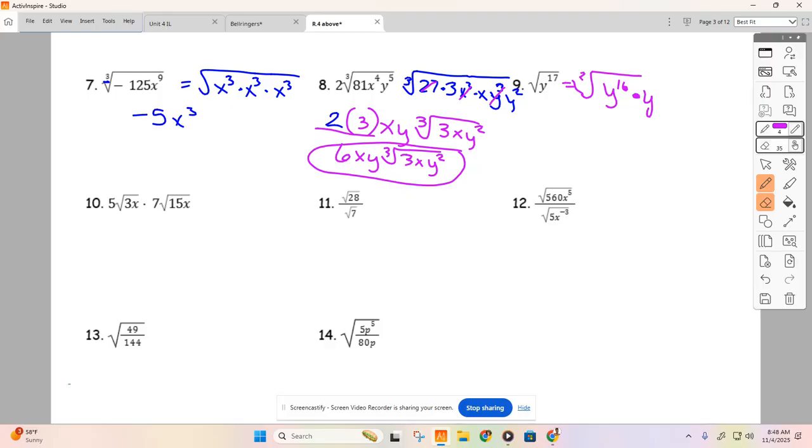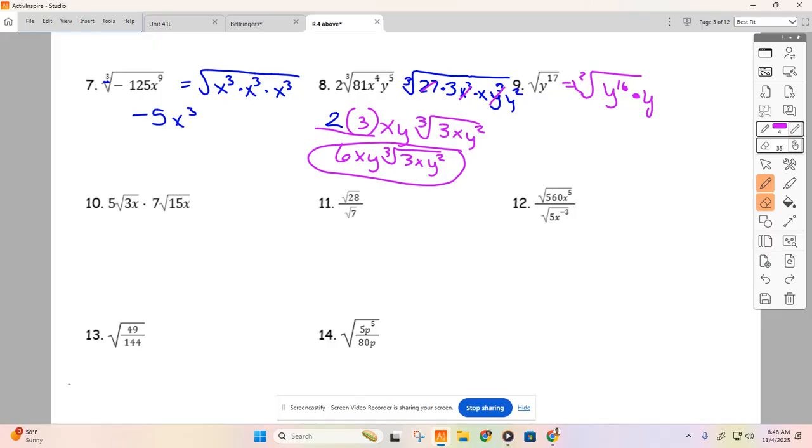Do you ever remember the power of power rule? Power of power rule was, if I had 2 cubed to the 5th, I multiplied the exponents and got 2 to the 15th. We're doing the opposite of the power of power, and we're actually dividing our exponents.